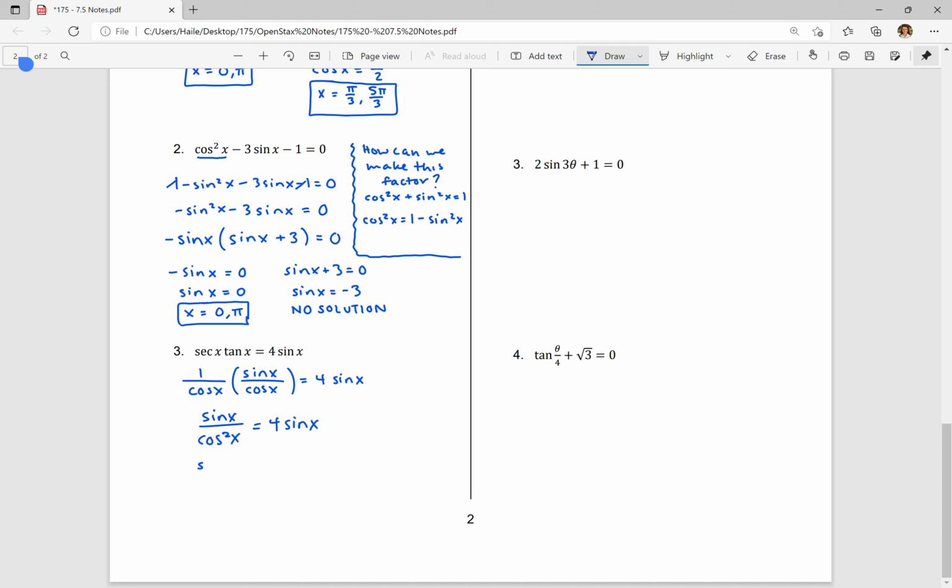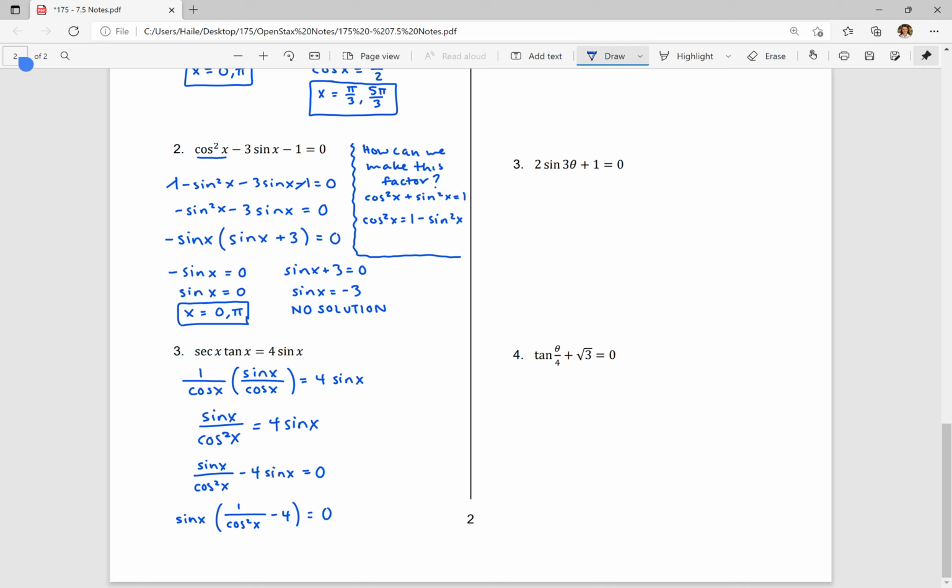So if we do that, we'll have sine of x over cosine squared x minus 4 sine x is equal to 0. Okay, so I can factor out a sine x. So we have sine x times 1 over cosine squared x minus 4 is equal to 0.